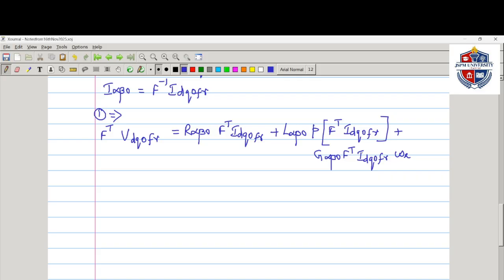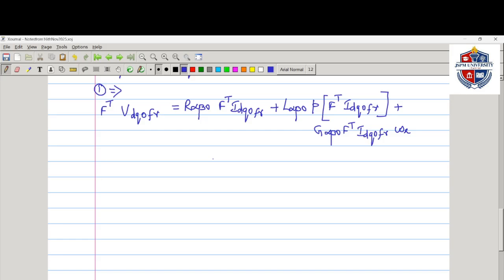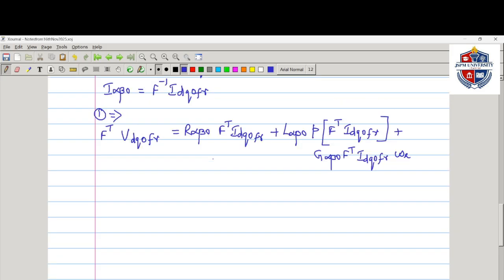So now we are going to do the lengthy derivation for this. From this we can write it as: the F transpose we are moving to the right side of the equation. So F transpose will be moving to the right side of the equation. That is nothing but F transpose inverse.